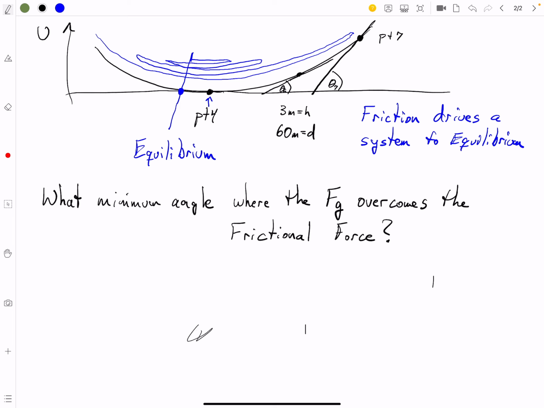So yeah, we want to know what that angle is.